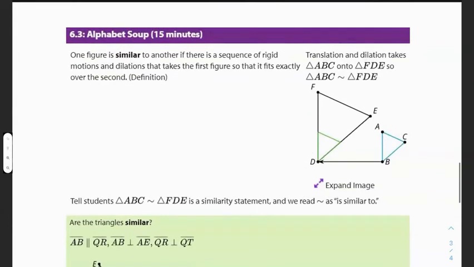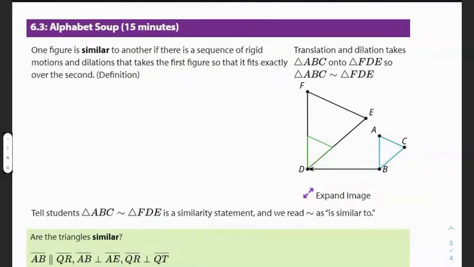All right, 6.3. One figure is similar to another if there is a sequence of rigid motions and dilations that take the first figure so that it fits exactly over the second. Okay, so for example, sliding over the smaller triangle with a translation, and it fits nice and snug over the first figure.